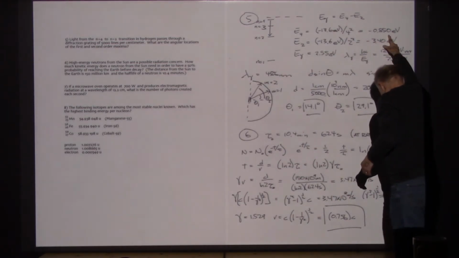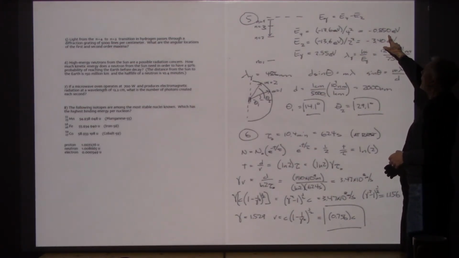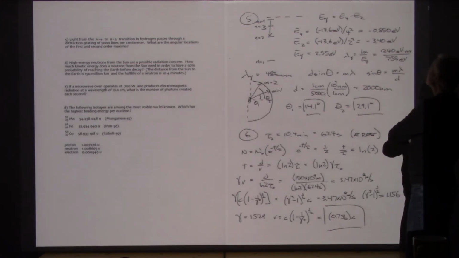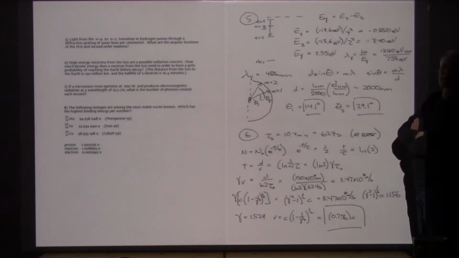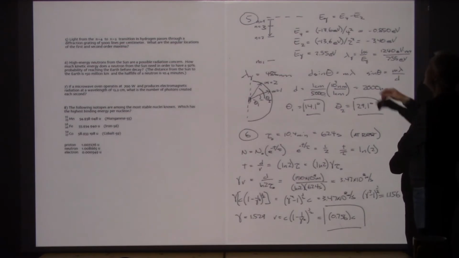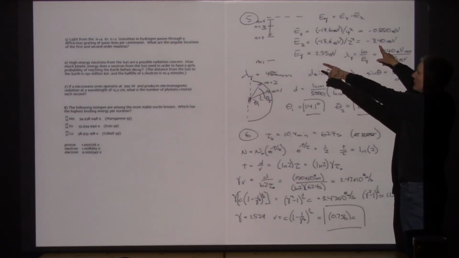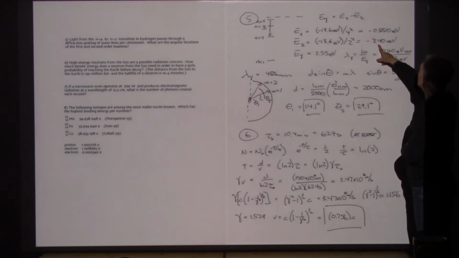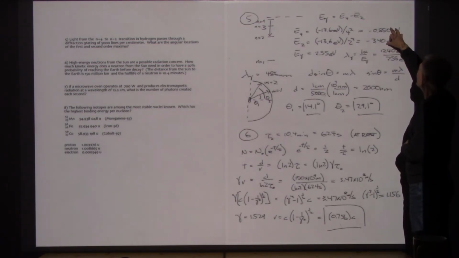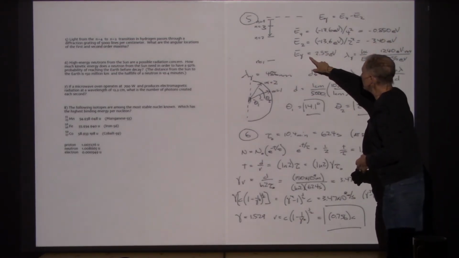So the electron energy in the fourth quantum state is a binding energy of 0.850 eV. And in state number 2, the binding is quite a bit higher. It's 3.40 eV.